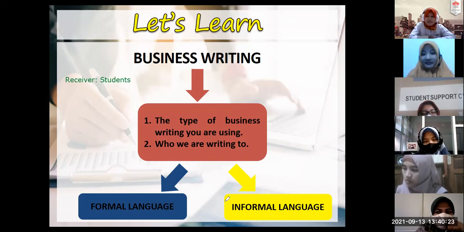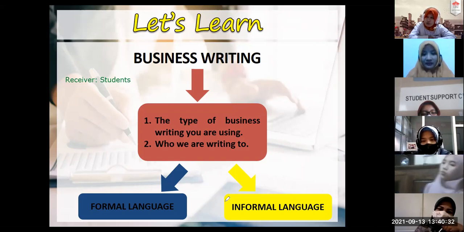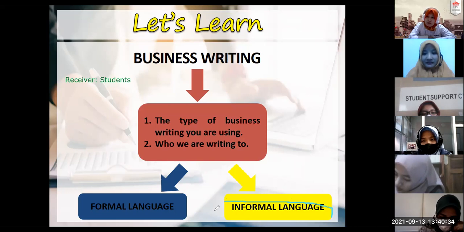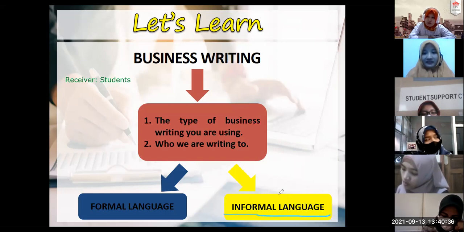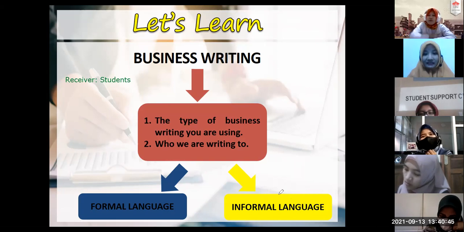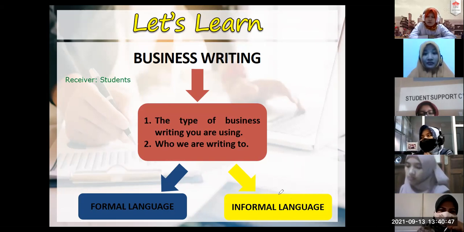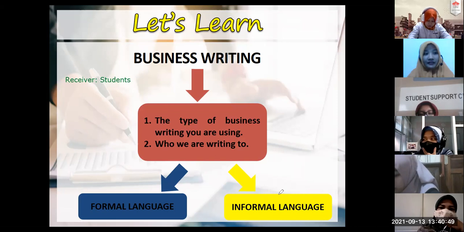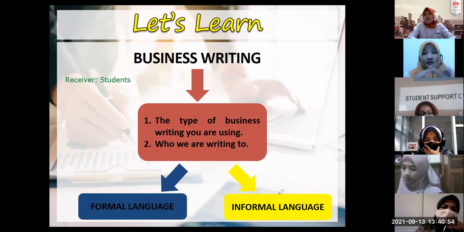Personal stuff, perhaps, and then other announcements, perhaps. What kind of announcement do you usually use informal language for with students? Formal language. All right. So sometimes we can use informal language to students if we send it personally, okay, not to all of the students, but only one specific student.